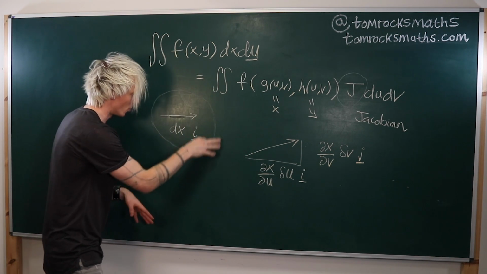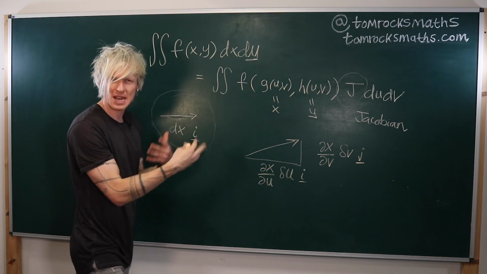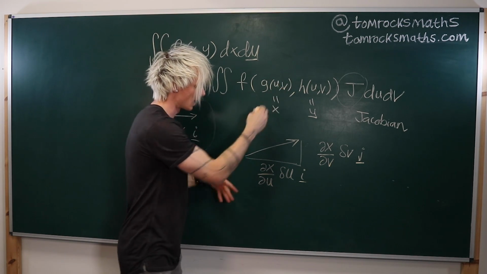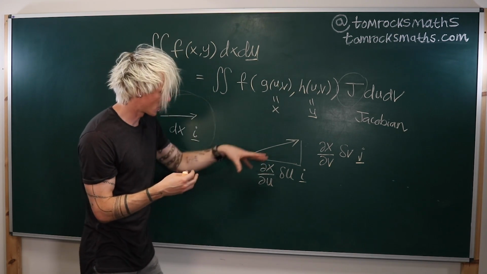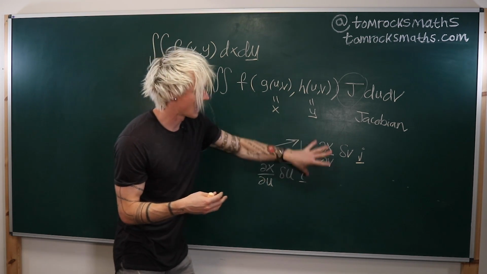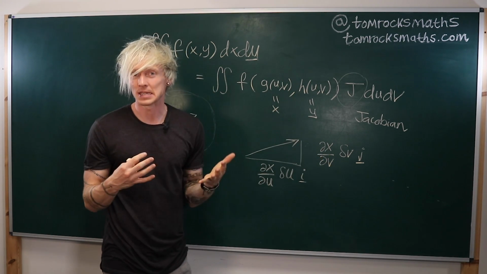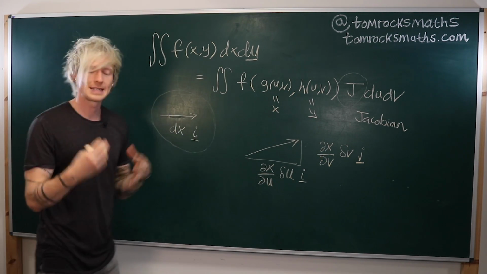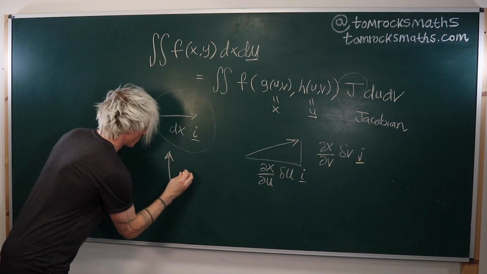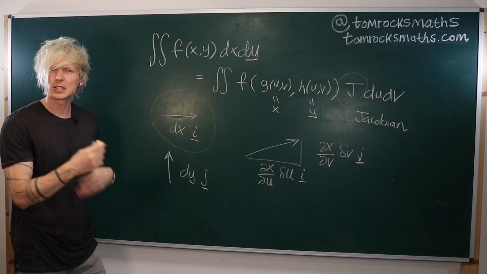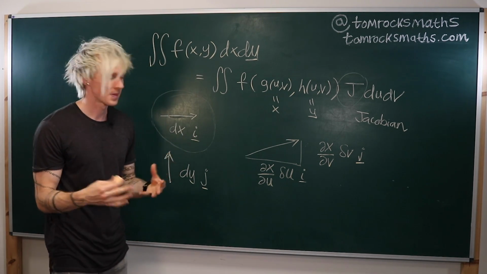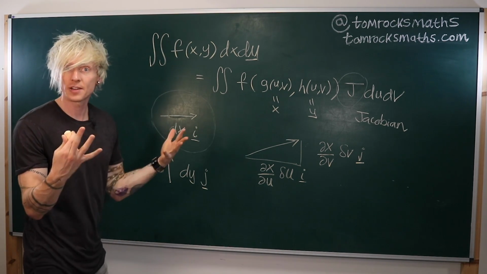And before we just had dx, but now x is a function of u and v, so we have to sort of use a chain rule type approach to do a dx by du term and a dx by dv term. The vertical component dy, which was previously just in the j direction, is going to behave very similarly. So that will be shifted.